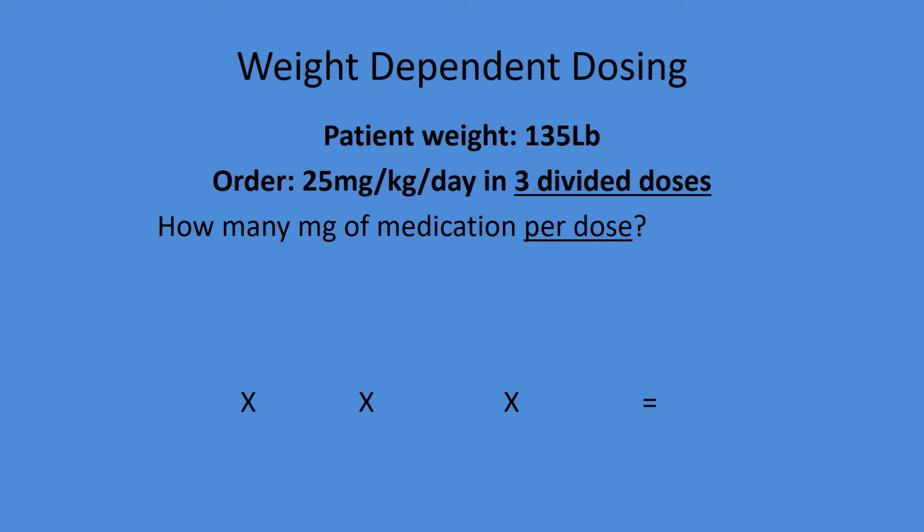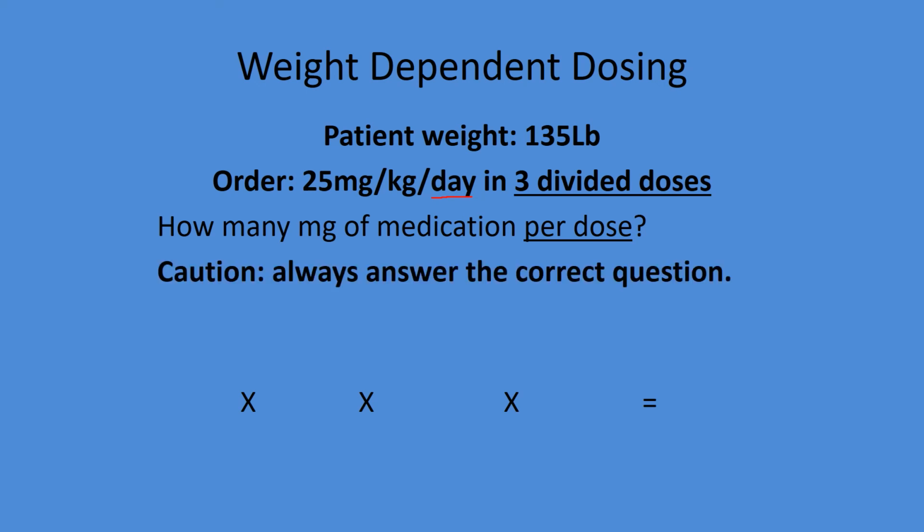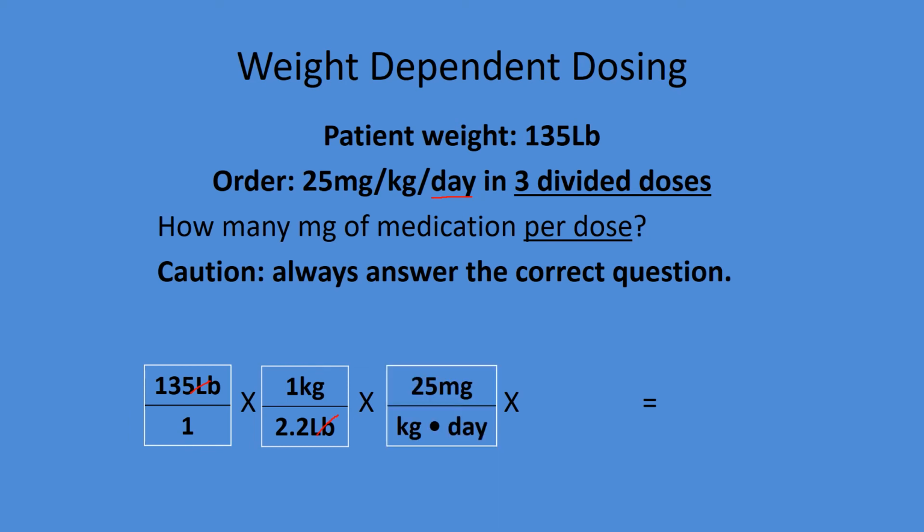This next example has one extra step. So instead of giving them the drug all at once, we're going to divide the dose into 3 and give them a third of the drug, their daily amount, every time. So let's figure out how many milligrams of medication per dose. So weight into kilos, and then we'll multiply by the order, which is 25 milligrams per kilogram day.